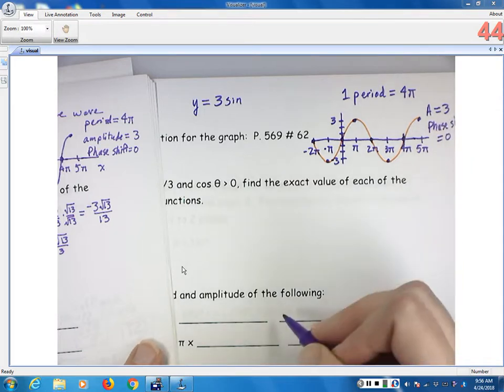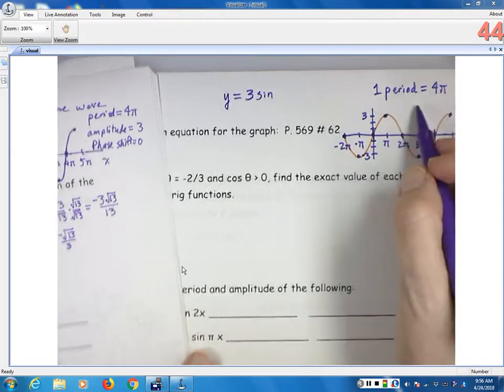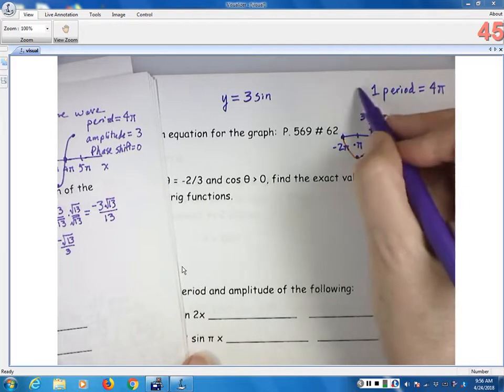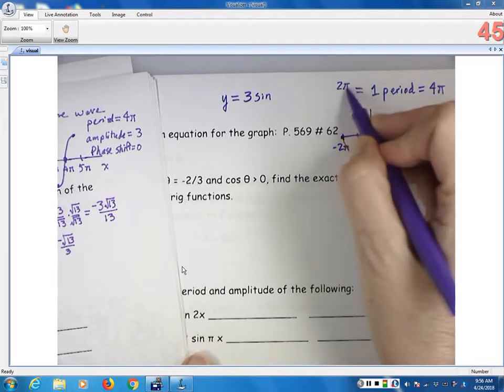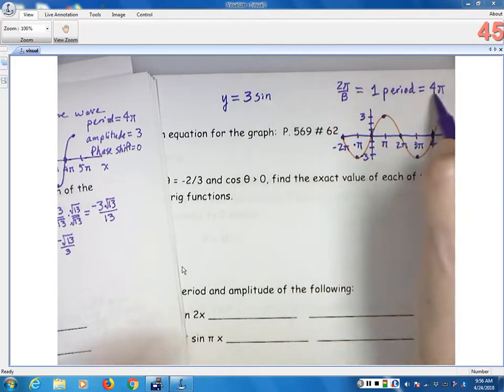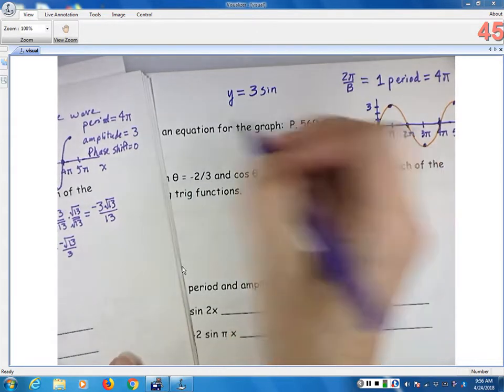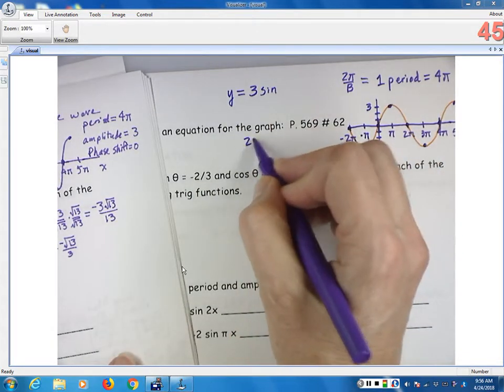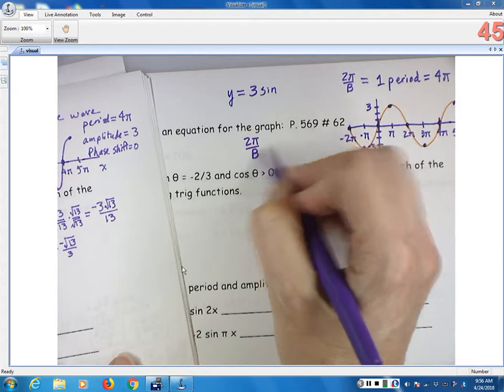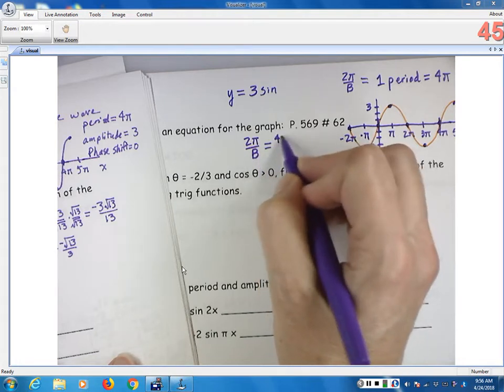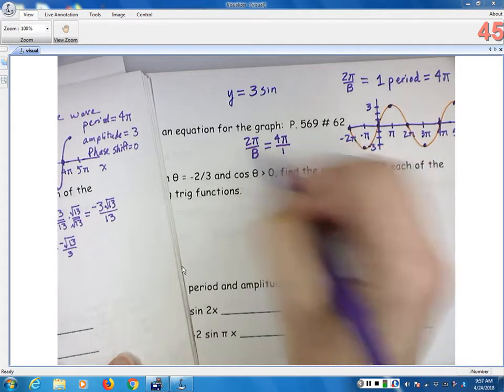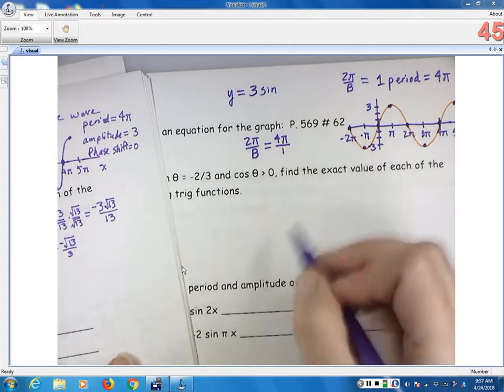So the period is equal to 2 pi over b. So we set that equal to 4 pi. So we're going to solve 2 pi over b equals 4 pi. Let's cross multiply, or we could multiply through by b.